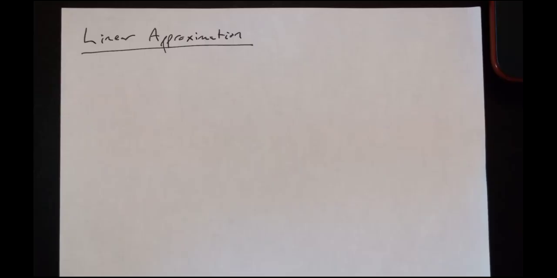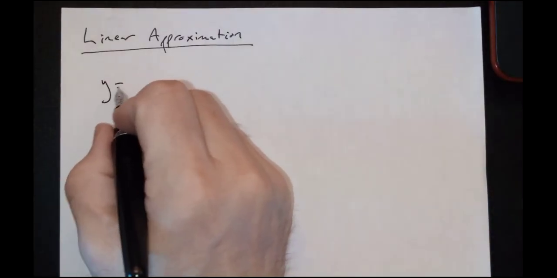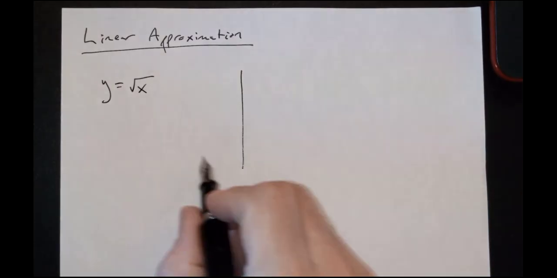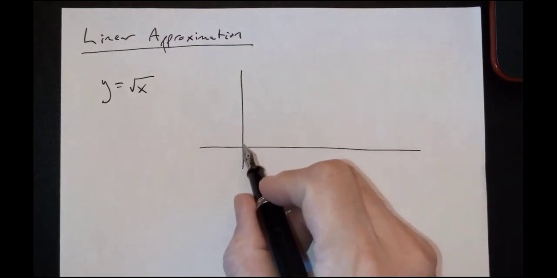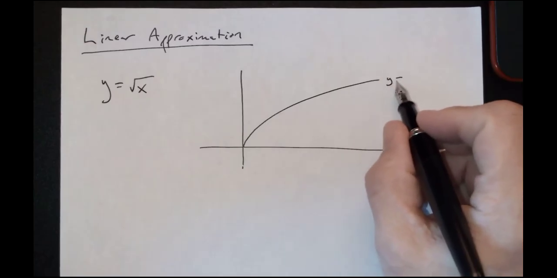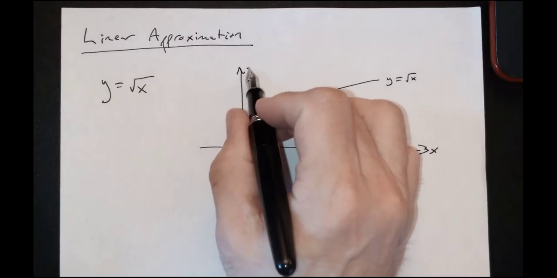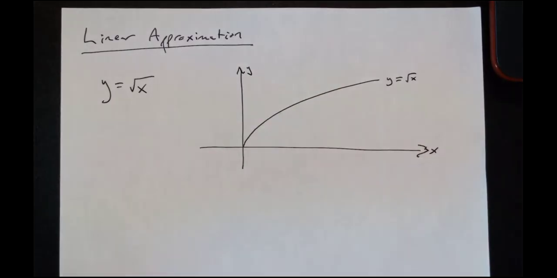So let's consider for a moment the graph of the square root of x. I said I wanted the square root of 27. Angela, you said 5 something.